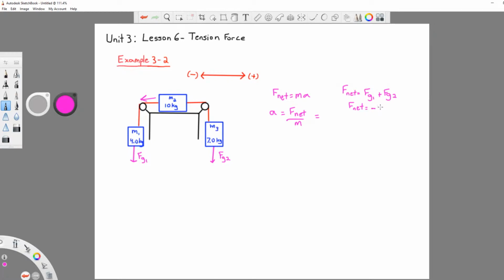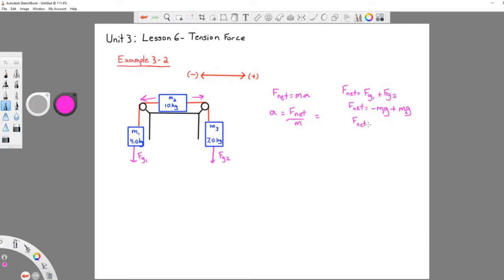So this is going to be negative mg, plus, because our FG2 is going to be pulling this to the right, plus mg, and maybe I'll put m1, m2 in here, so we can solve a numerical value for this.